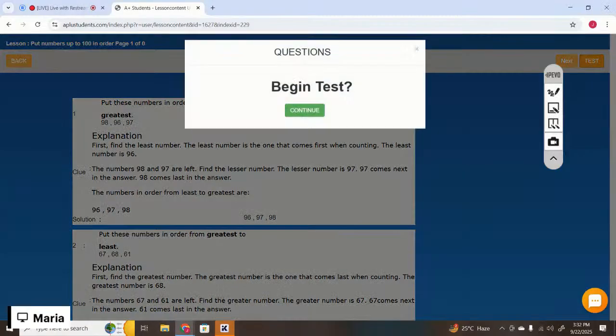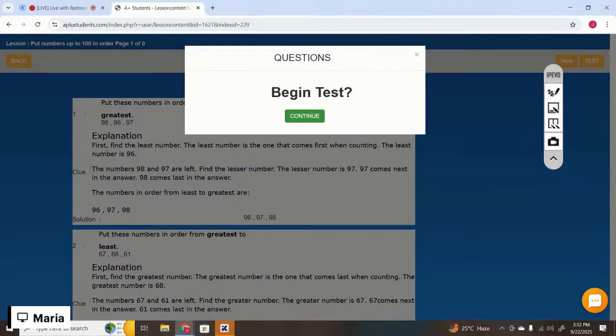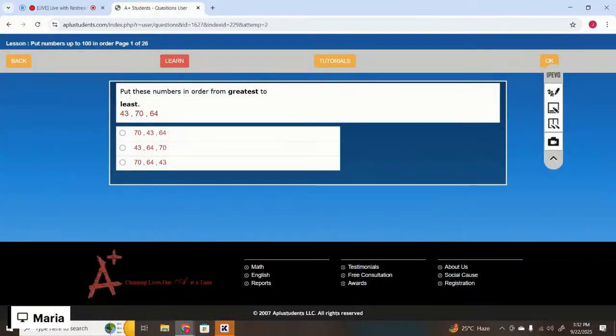Let's start with the test questions. Put these numbers in order from greatest to least.